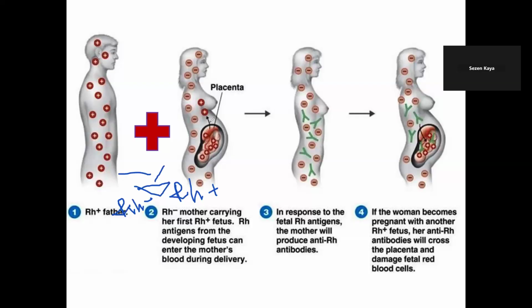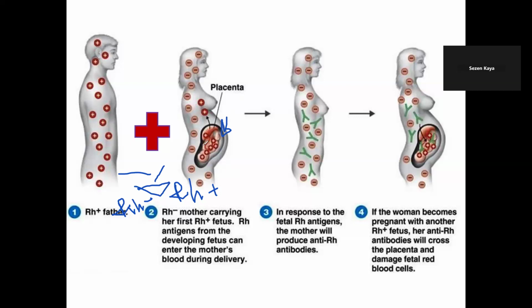As usually, this attack does not happen during the first pregnancy. After the birth of the baby, normally the blood of the baby does not move to the mother's body, and normally, if there is no damage, it does not move through the placenta.